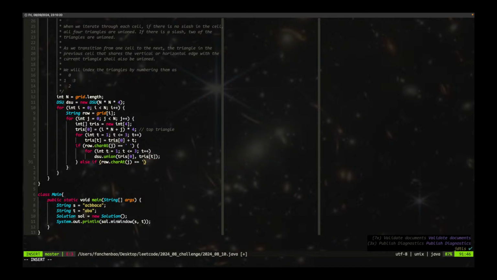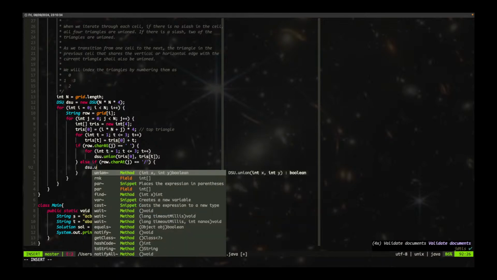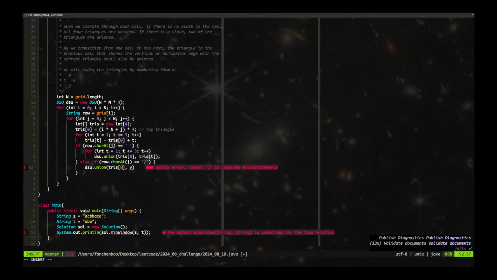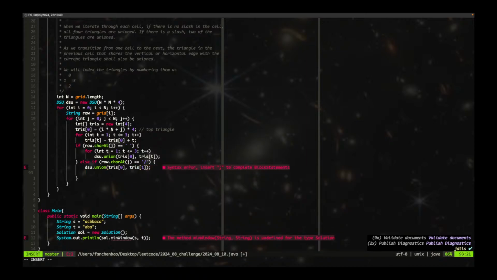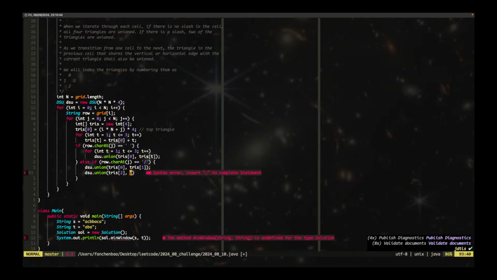Okay, if it's equal to a left slash, then 0 and 1 union, right? So dsu.union tris 0, tris 1, dsu.union tris 2, tris 3, okay?